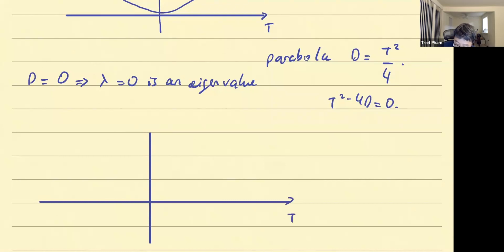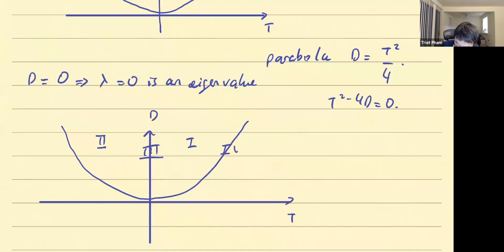So trace determinant, TD. There's 1, 2, 3, 4, 5, and then 6.